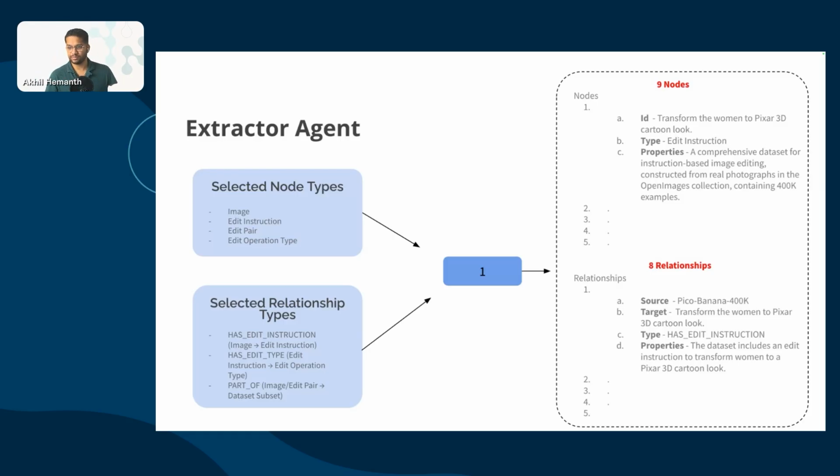It took the relationship, in this case, the type has edit instruction, and it found the source, found the target, and it found the properties. So essentially, we're creating entities and relationships based on what we want to find, based off our area of focus.